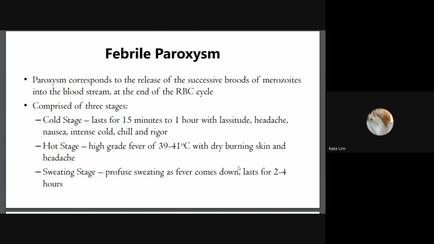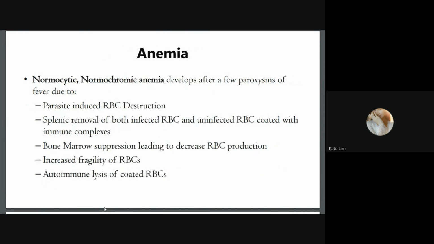Right after your febrile paroxysm, if you remember, when your schizonts eventually burst in your RBCs, releasing the merozoites, the patient would experience febrile paroxysms in these three stages, and then eventually anemia would develop after a few cycles of this fever. This happens because of several key factors that I want you to understand clearly. What we have here first is the parasite-induced RBC destruction.